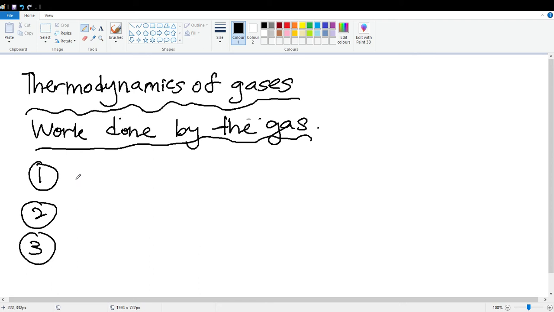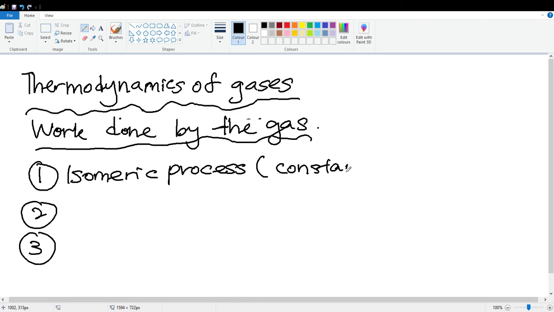The first one is the isometric process, which is work done by the gas at constant volume. So the isometric process means constant volume.